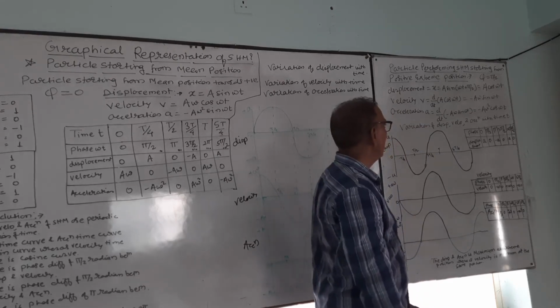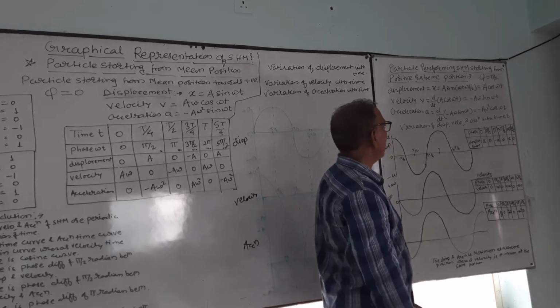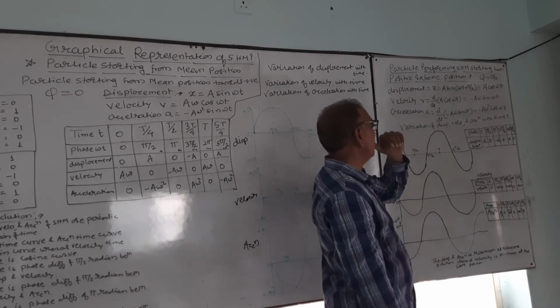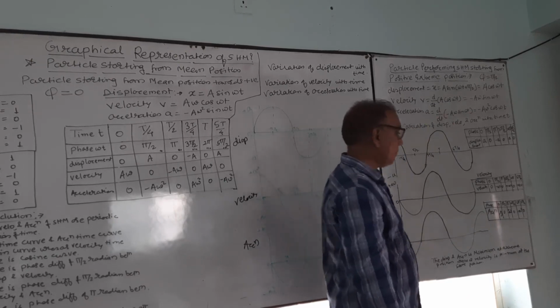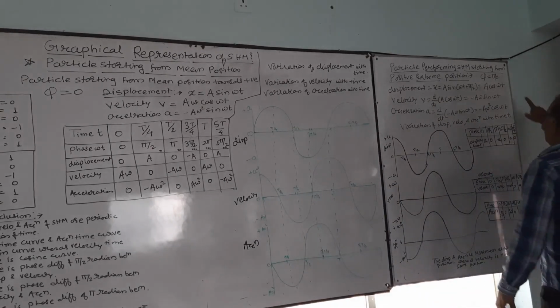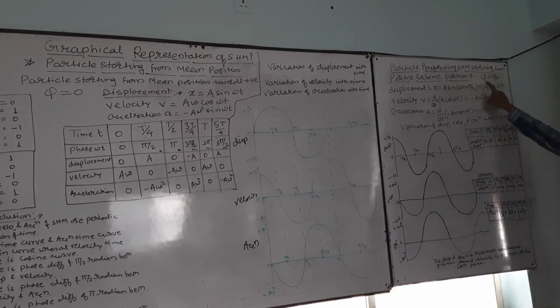Displacement x is equal to a sin of omega t plus phi, but the value of phi is pi by 2. Therefore x is equal to a sin of omega t plus pi by 2, which means a cos of omega t. The equation of displacement is a cos of omega t.